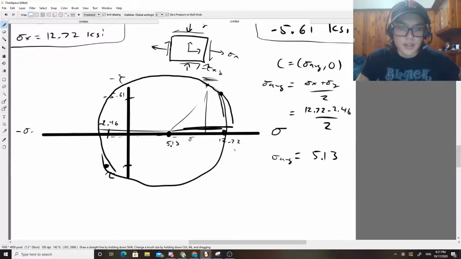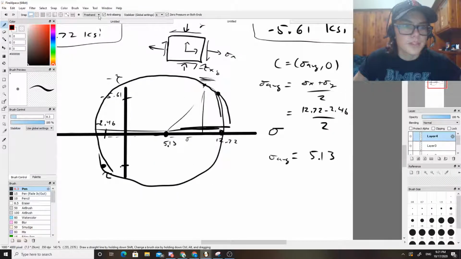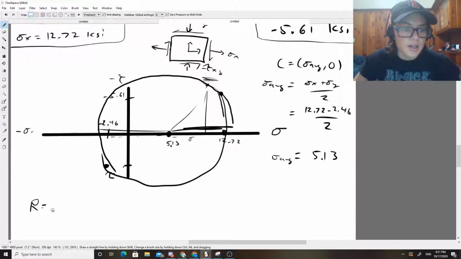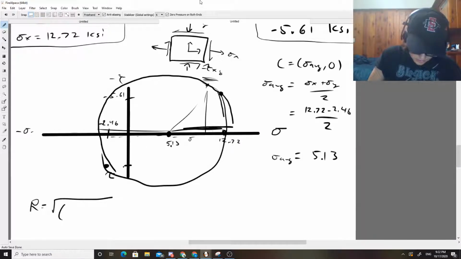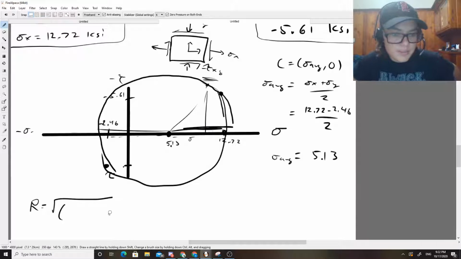So to find our max stress values, a good thing to know would be the radius of the circle. And we can find this relatively easily just using Pythag. So I'm going to go ahead and do that. R is going to be equal to the square root of 12.72 minus 5.13, which is roughly 7.6, squared, plus negative 5.61 squared.